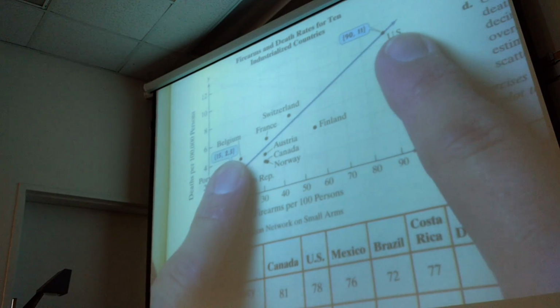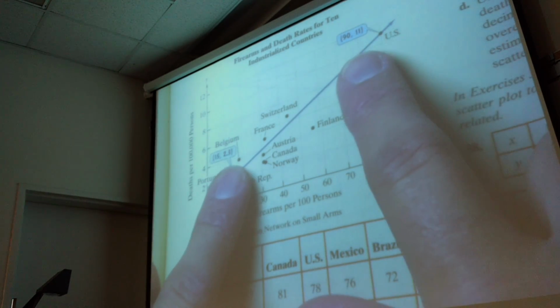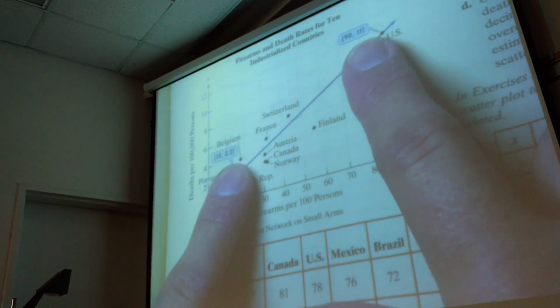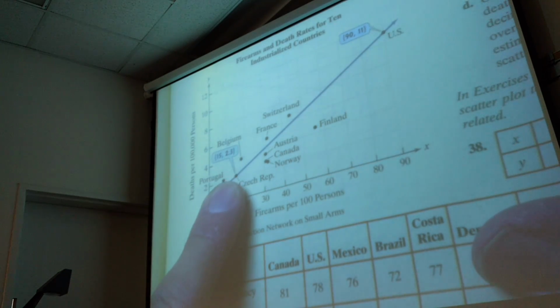So this is sort of like that thing we did in class when we first got into this section. We had to draw your own line and then pick 2 points. So this is kind of nice because they actually give you 2 points to work with. So the first question is, use these 2 points that they give you to find the equation of the line.